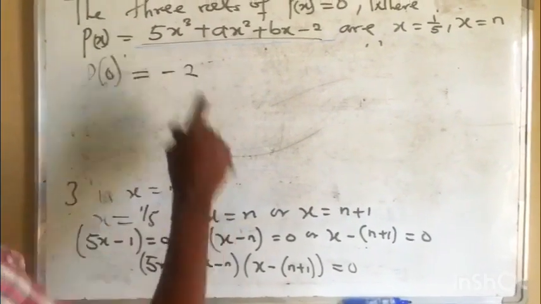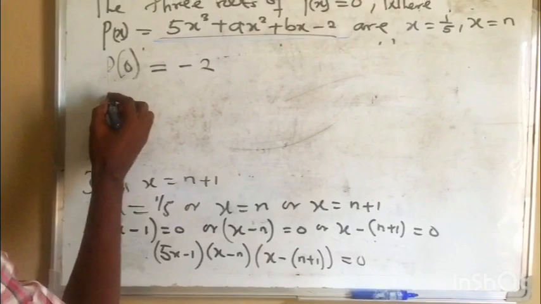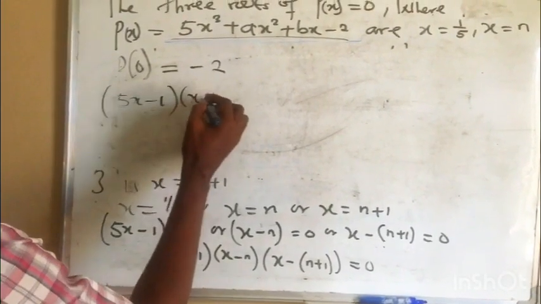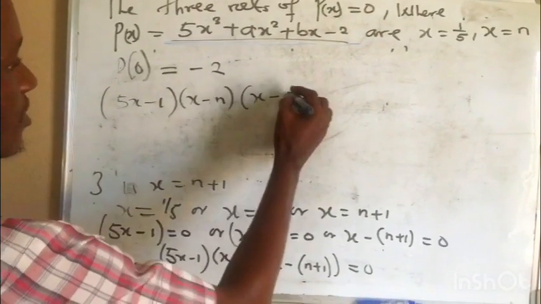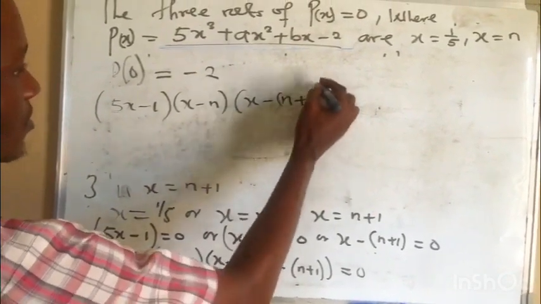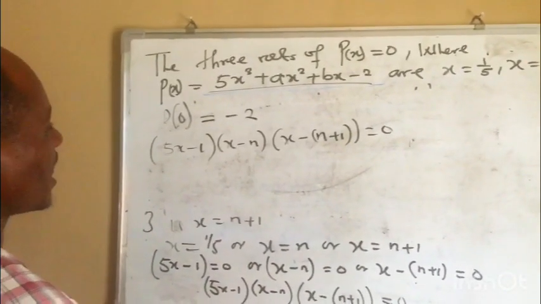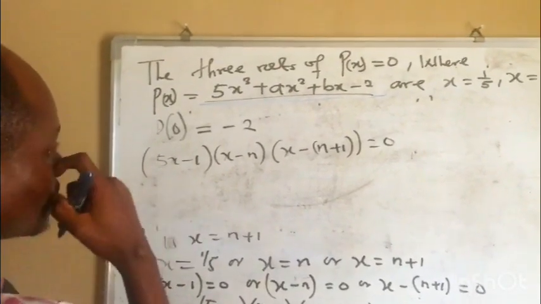The same thing, let's do it to the one that we formed. That means we have 5x minus 1, x minus n, and x minus n plus 1 equals 0. If I put x equal to 0 here, what will I get?